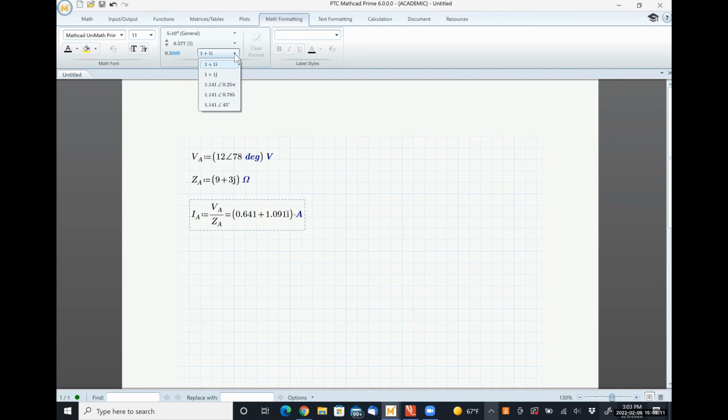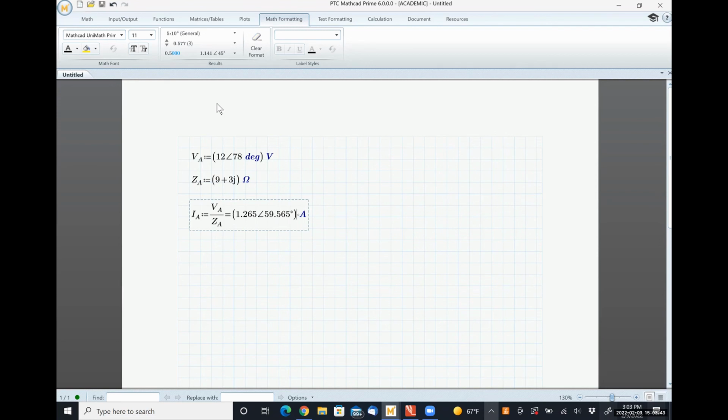The third form is polar format with our angle expressed in pi radians. The fourth option is polar form with our angle expressed in radians. And finally, the fifth option is polar form with our angle expressed in degrees, which is the one that I prefer 99% of the time. So we can use MathCAD to literally give us the answer in the format that we want, just like our calculator and all that kind of good stuff as well.